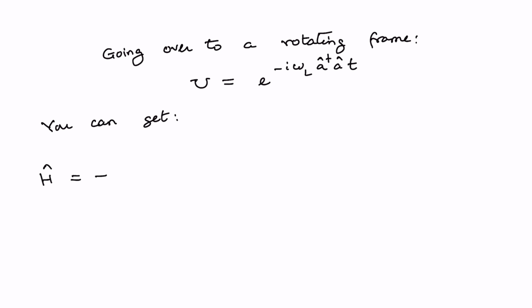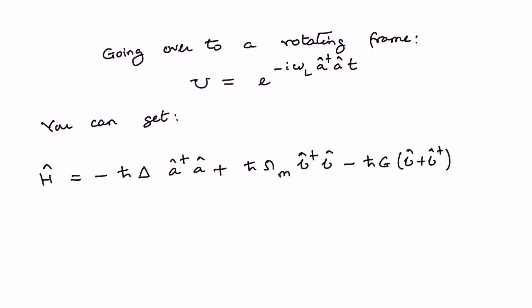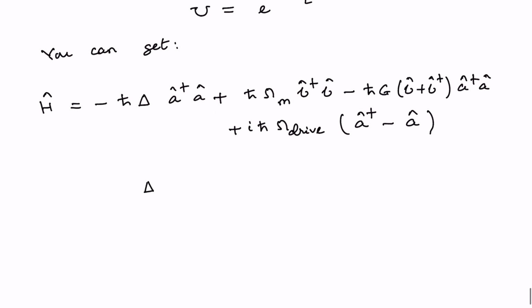H is equal to minus ħΔ a†a, where Δ is the detuning parameter, plus ħΩ_m b†b, minus ħZ (b + b†) a†a, plus iħΩ_drive (a† minus a), and here the detuning parameter Δ is ω_o, or ω0, minus ω_L.